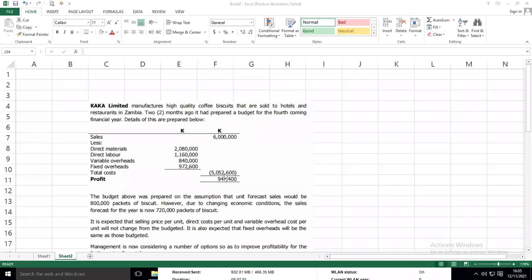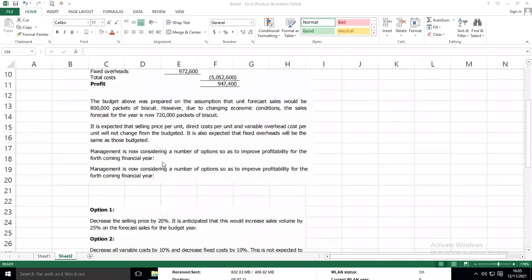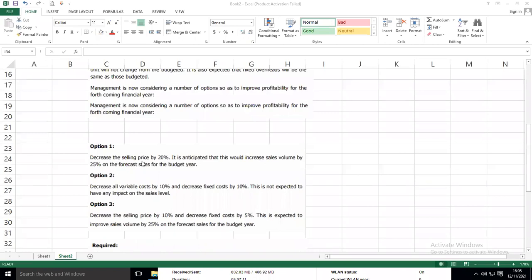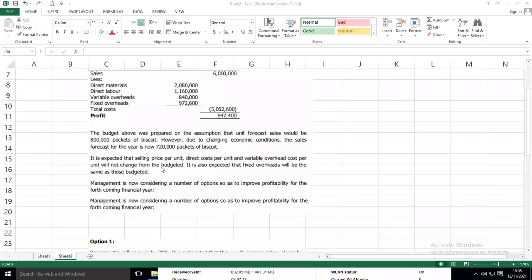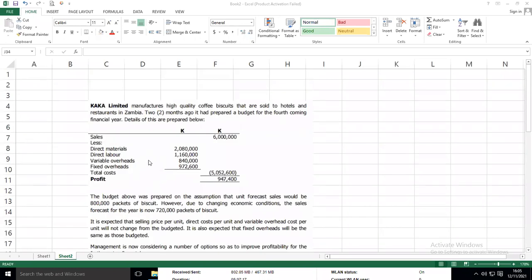Now, we are told that due to changing economic conditions, the sales forecast for the year is now 740. These will come in the next part of the question. Okay. So this was the original budget.